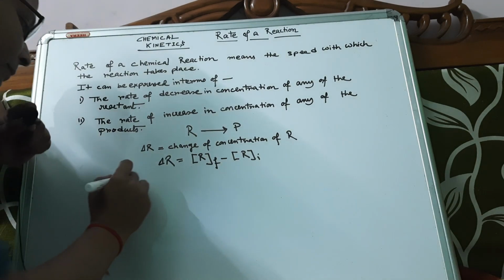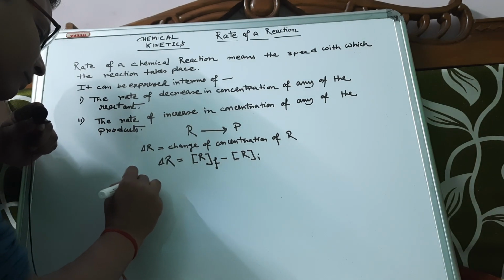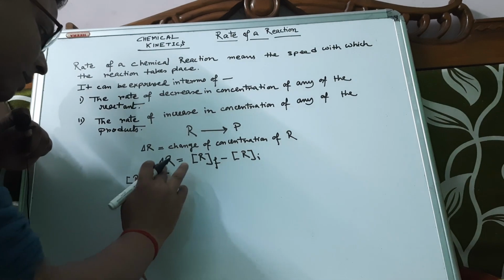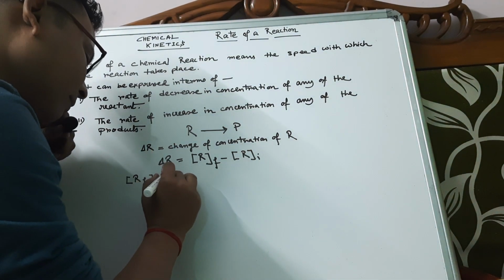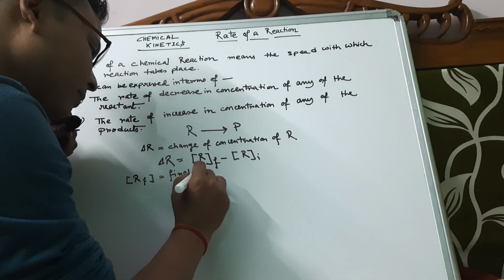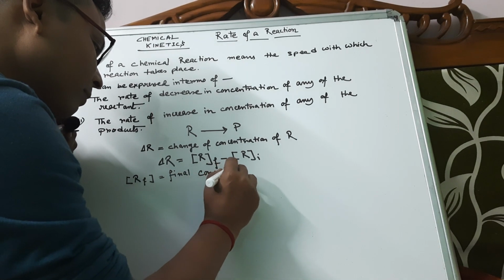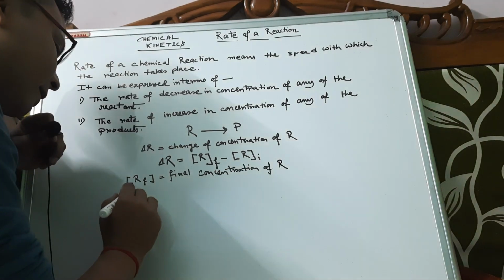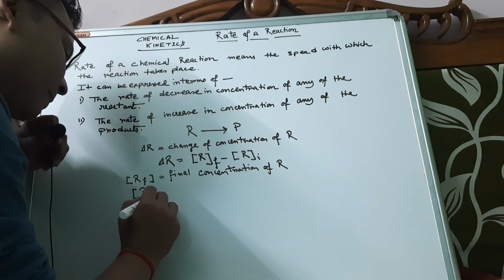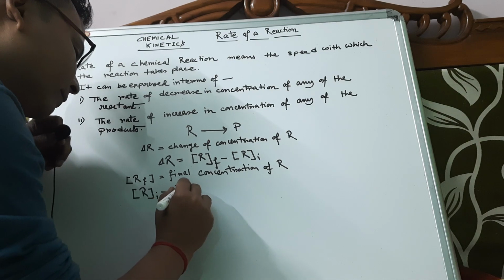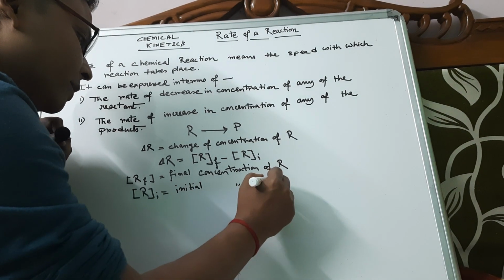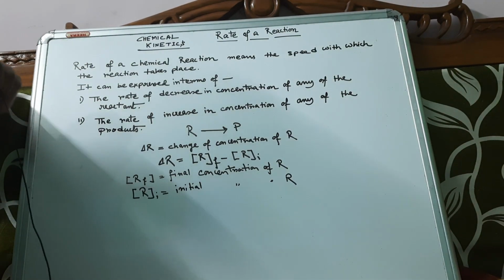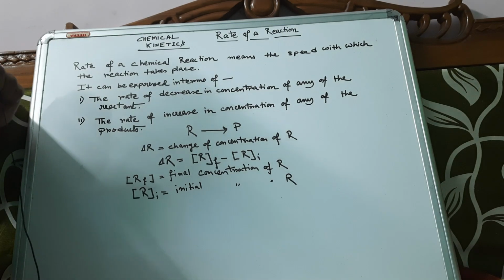So delta R is the final concentration of R minus Ri, which means the initial concentration of R. Initial does not mean at time t0, but the time from which you observe the reaction.